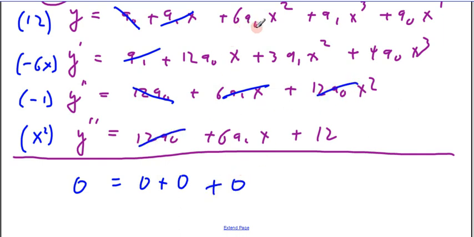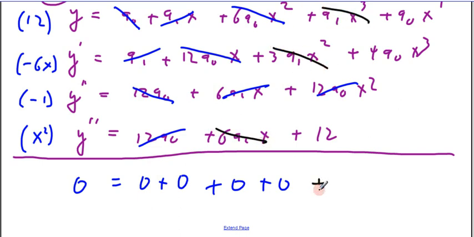I've got plus 12 times 6 minus 12 times 6. They go away. My x cubed term, I have 12a1x cubed. I have another 6 for 18, and then I have minus 18. They go away.